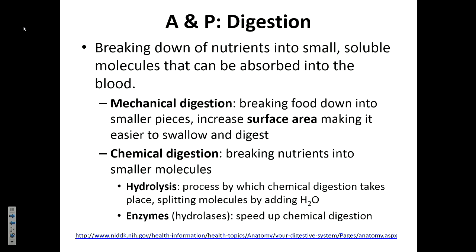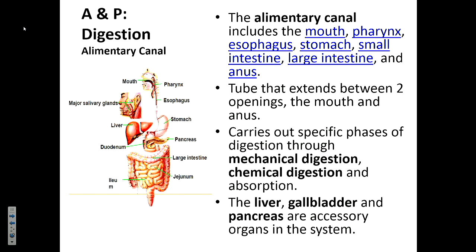Chemical digestion is what's happening when we're breaking it down into even smaller portions. And the ways that we're doing that, which are also in bold, are through hydrolysis and through enzymes. I mentioned one enzyme already. Hydrolysis is just the splitting of water, so you want to make sure that you're familiar with those 2 in this process.